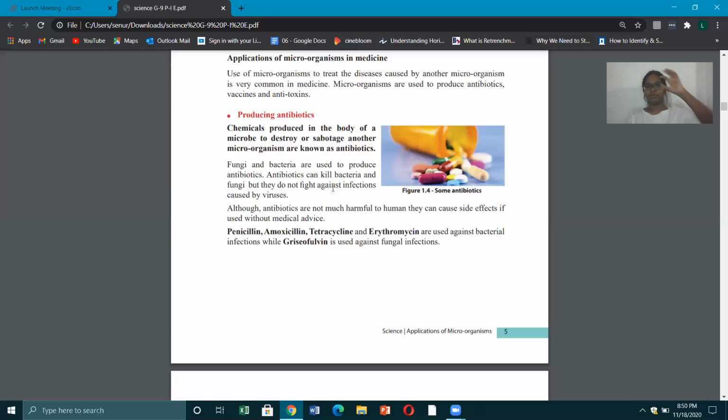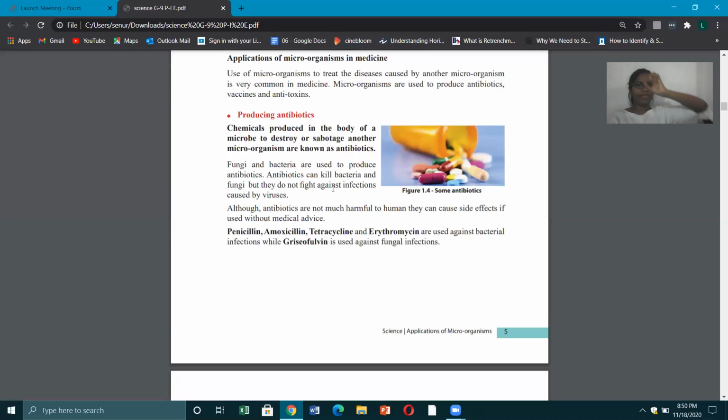Okay, now just imagine this is microorganism A, this is microorganism B. Now this microorganism enters into our body, into our intestine, let's say, and then I get this bacterial infection. Okay, just imagine that I have a bacterial infection. How am I going to be treated?